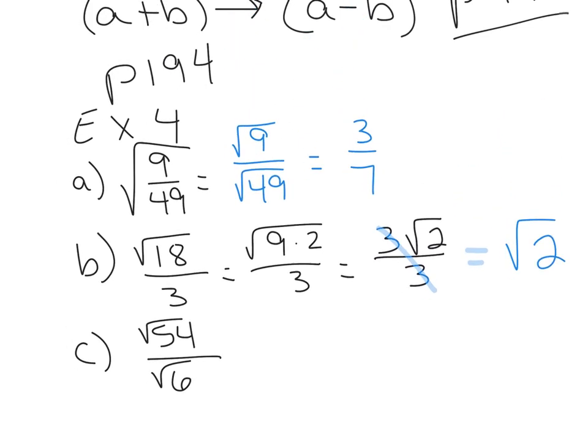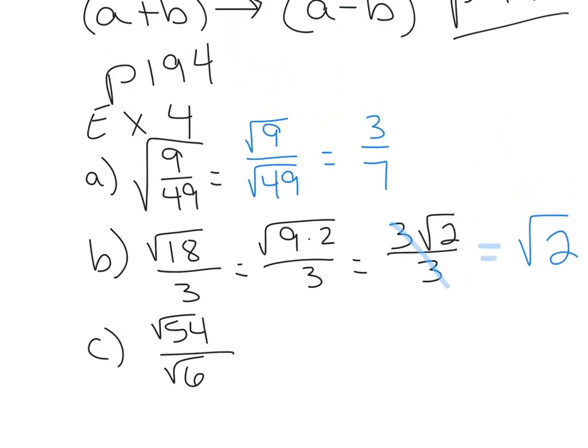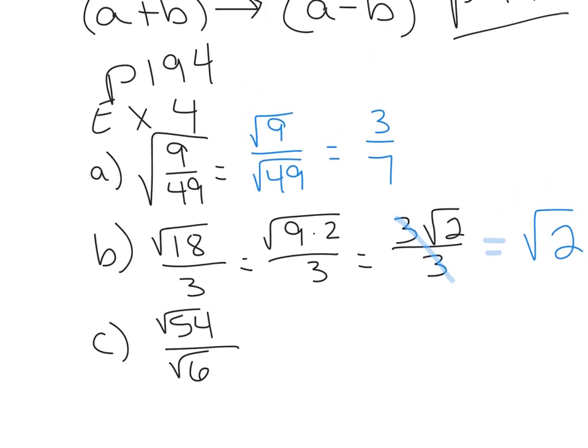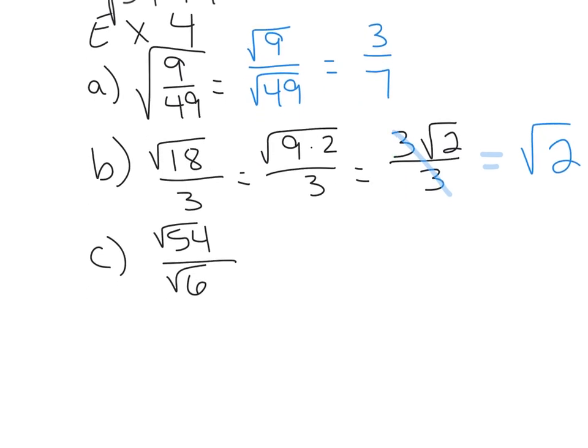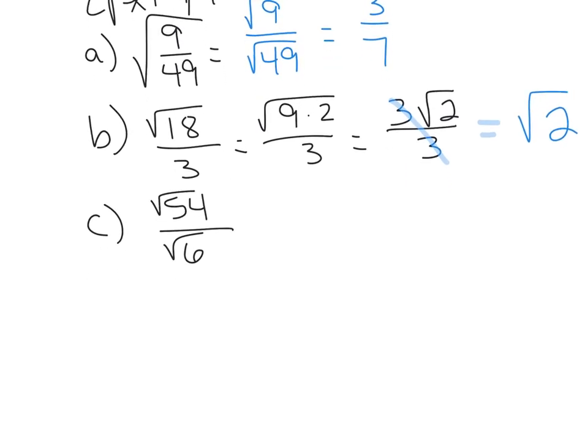The only time it's really useful is if the 54 is really divisible by 6, which it is in this case, so we can put these back together because 54 divided by 6 makes 9, and the square root of 9 is 3. This is a faster way sometimes to do things.